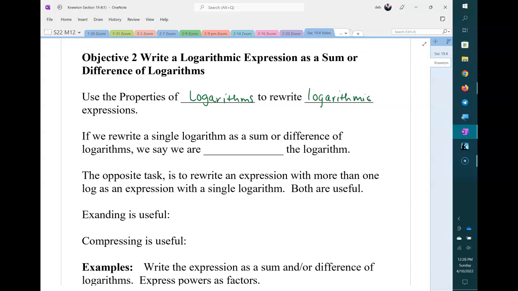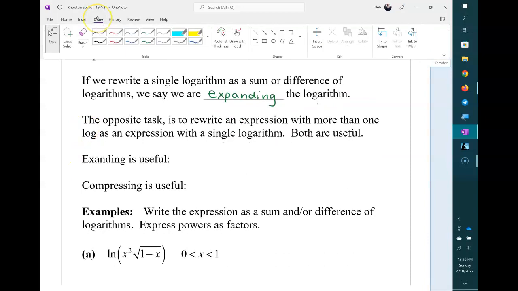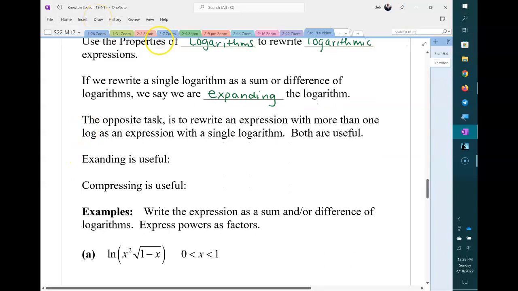If we rewrite a single logarithm as a sum or difference of many logarithms, we say we are expanding the logarithm. And the opposite task, when you take multiple logarithms and smush them together into a single logarithm, is also useful. They're useful in different contexts.